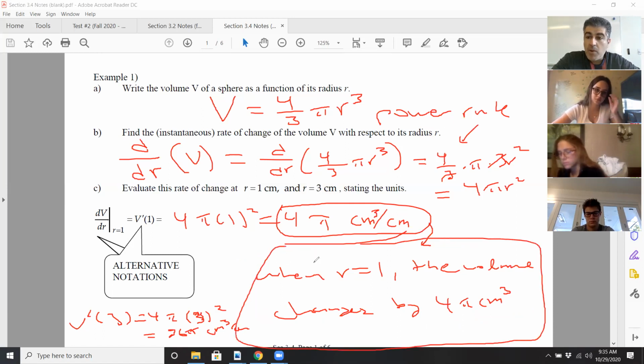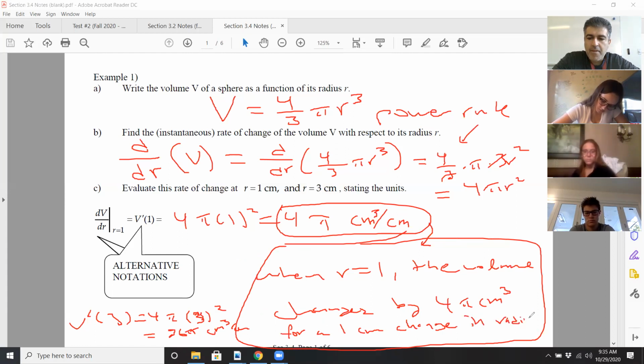So what you would say is that when r equals 1, the volume changes by 4 pi cubic centimeters for a 1 centimeter change in radius. That's what I should have said, because it's 4 pi cubic centimeters per centimeter of radius. So when r equals 1, the volume changes by 4 pi cubic centimeters for a 1 centimeter change in radius.